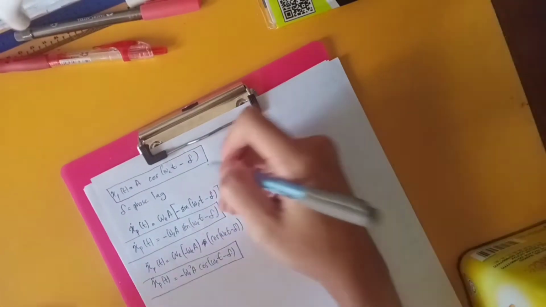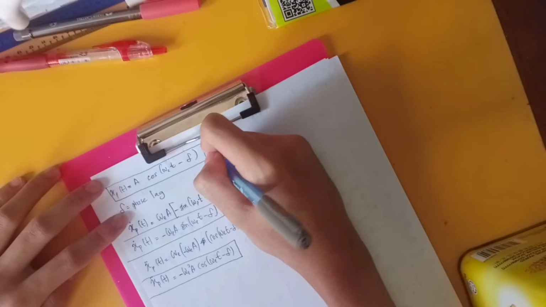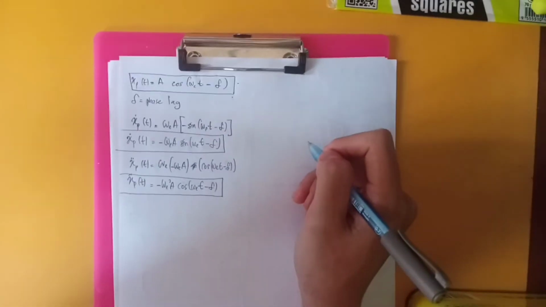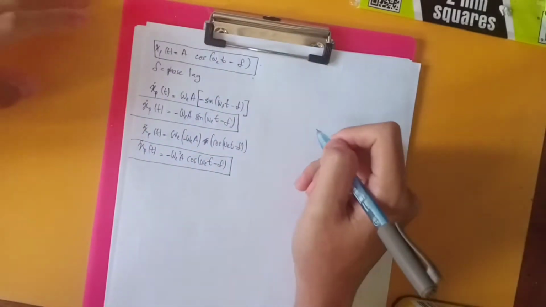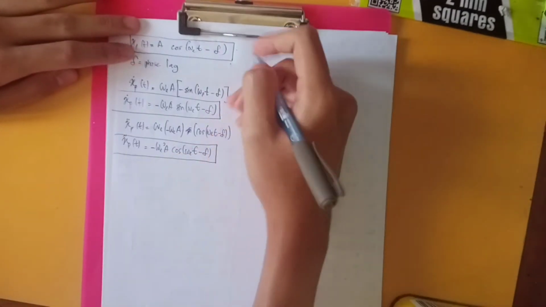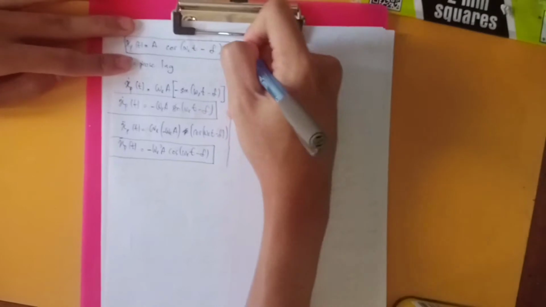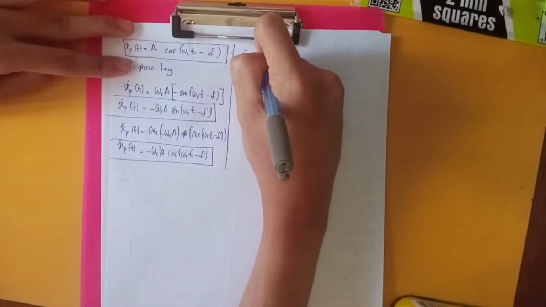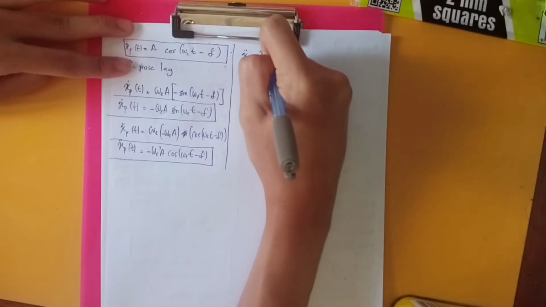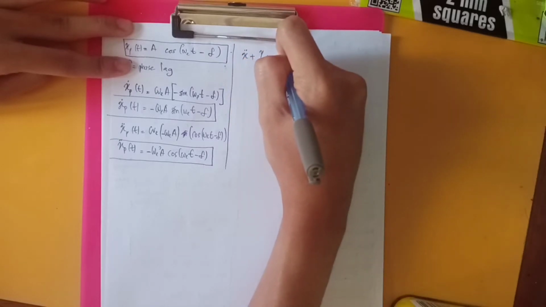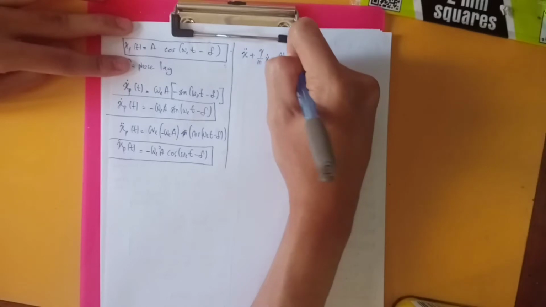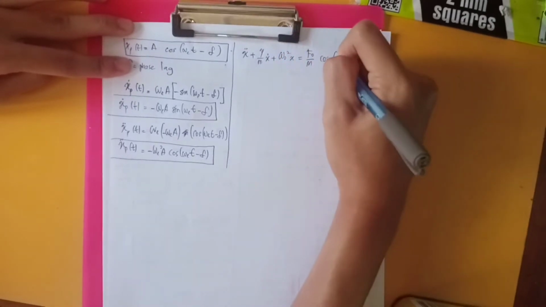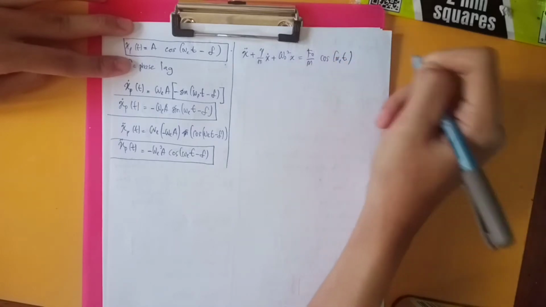Now, since we have the three components, let's get back to the differential equation of motion. The general equation of motion is ẍ plus γ over m ẋ plus ω_0 squared x equals F_0 over m cos(ω_e t).